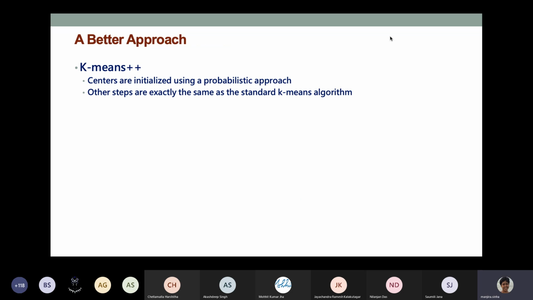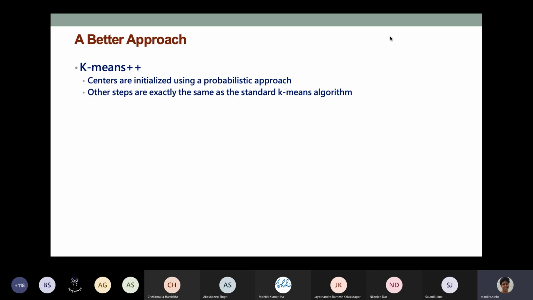So a better approach where we actually use some information to initialize the clusters is called k-means++. In this case, the centers are initialized using a probabilistic approach. The other steps are exactly the same as standard k-means, only the first initialization differs.